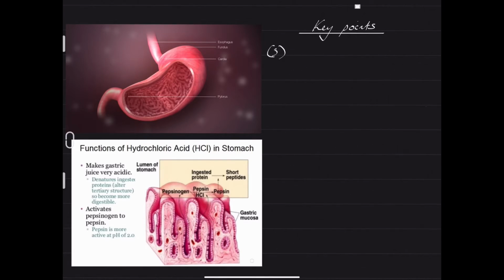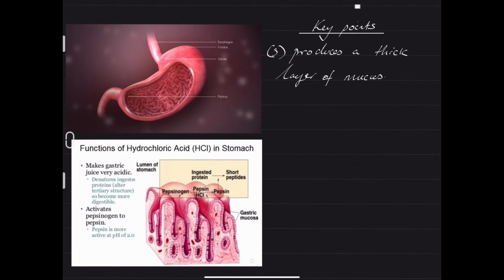So keeping with the stomach and following this on, the next point I want you to note is that the stomach produces a thick layer of mucus. So it produces a thick layer of mucus. Now, this layer of mucus is very important.